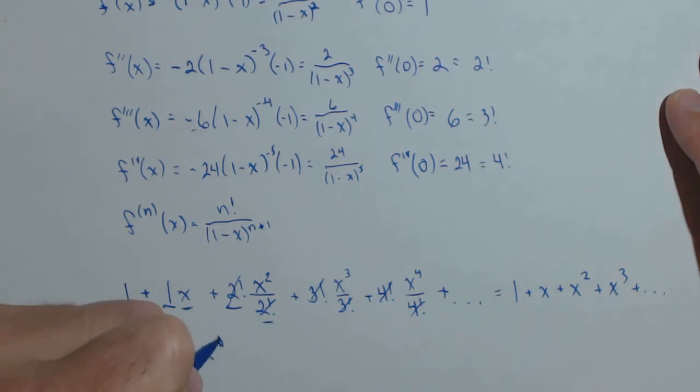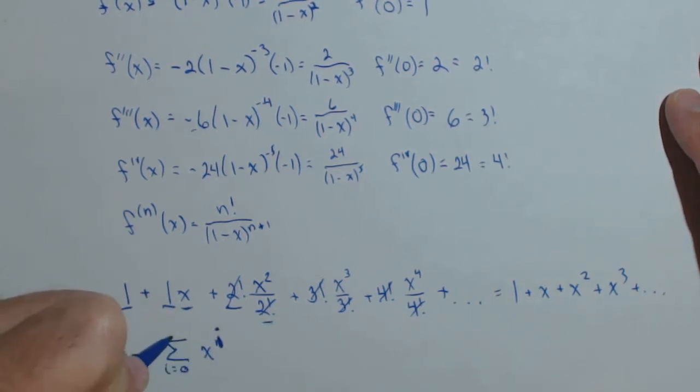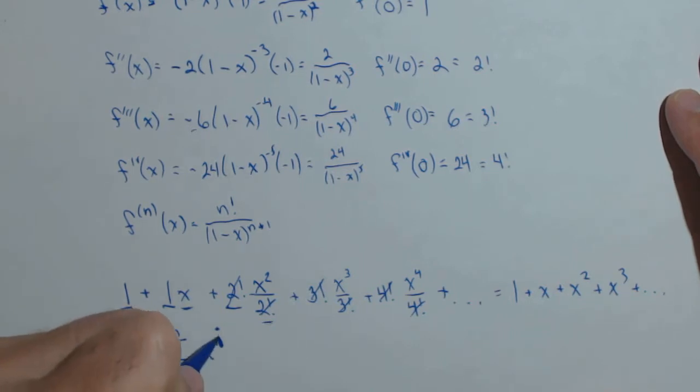Oops, sorry, there should be an n there, because we want to write it of nth order. And there we have our Taylor polynomial written up as a series. We can let n go to infinity and turn this into a Taylor series.